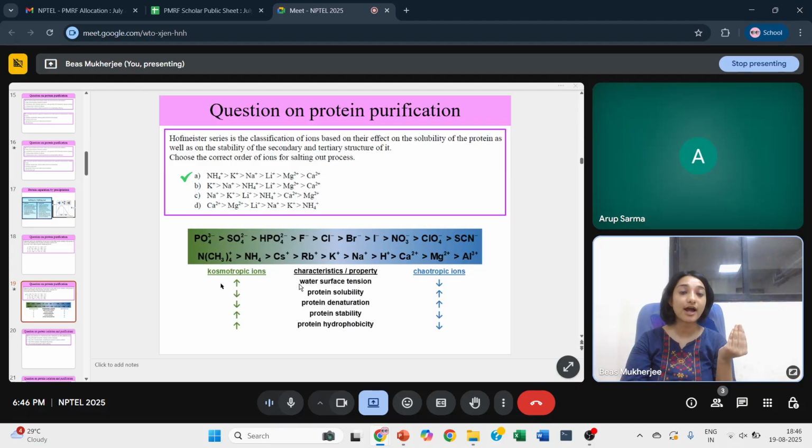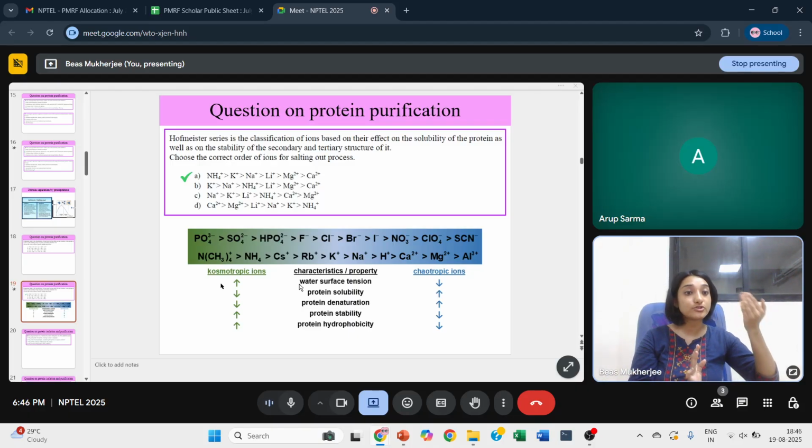And the others are called chaotropes. So chaotropes are increasing protein solubility. Chaotropes are urea and guanidine hydrochloride. These are denaturing the protein and that is why increasing the solubility of the protein.